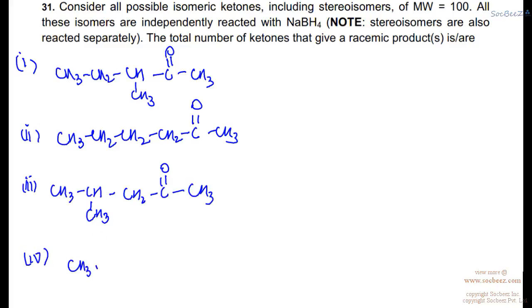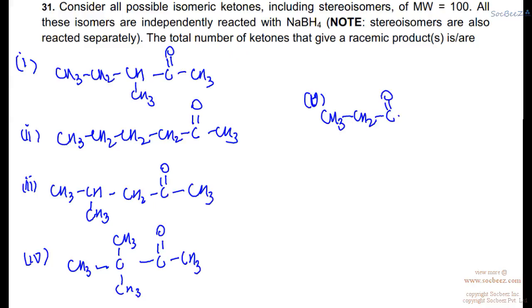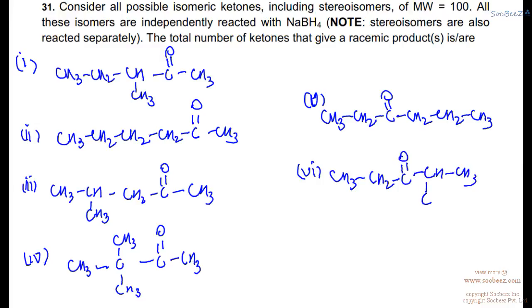Fourth is CH3, C, CH3, CH3, C, double bond CH3. Now fifth is CH3, CH2, C, double bond O, CH2, CH2, CH3. And the sixth one is CH3, CH2, C, double bond O, CH, CH3, CH3.